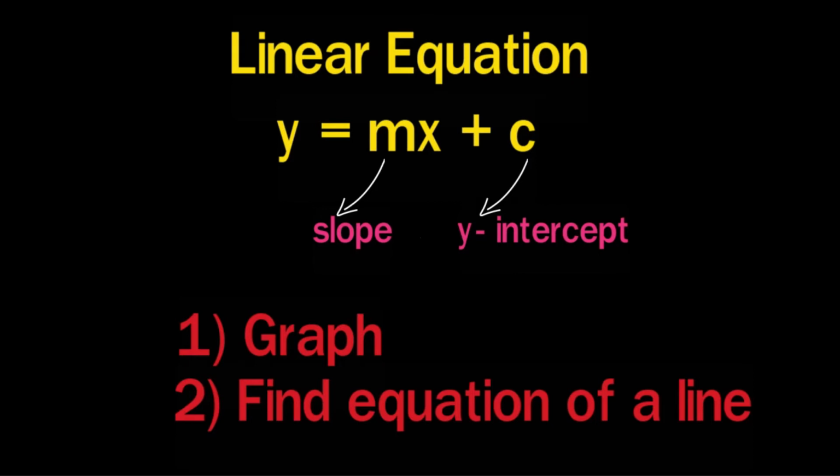Let's say we want to find the slope of the line that passes through these 2 points, 1 and 5, 6.